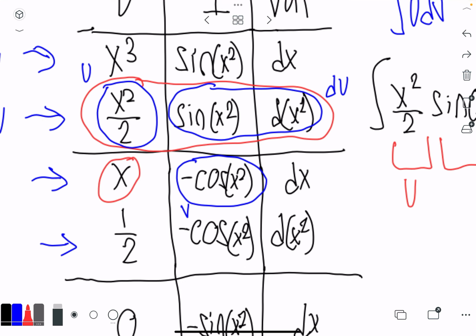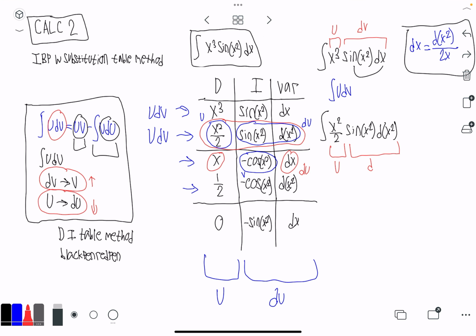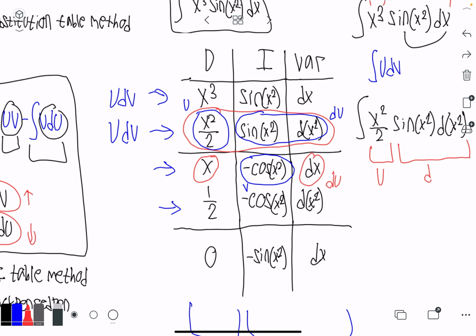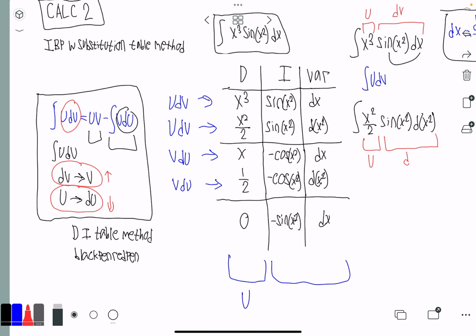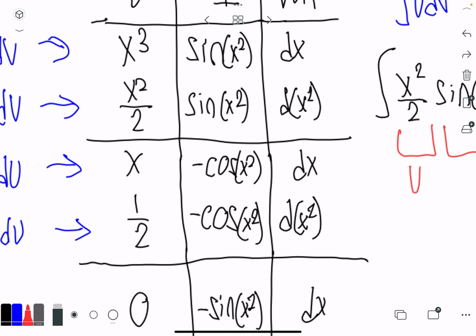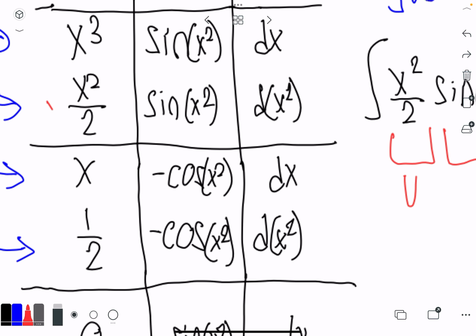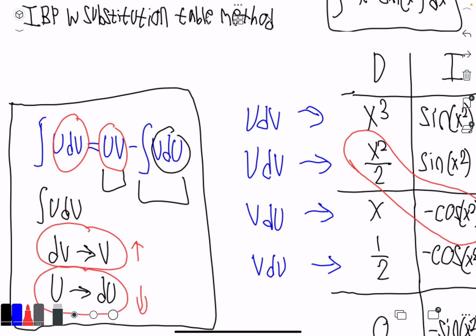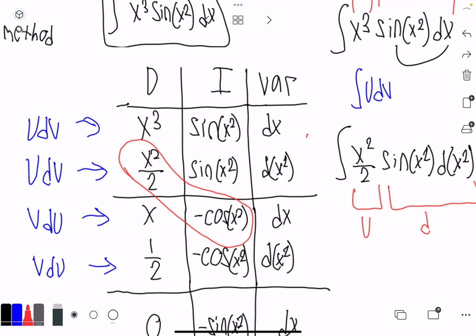These two things, x and dx, they are du. So what is uv? It's this, x squared and negative cosine x squared. So you take this part diagonally like this. That is the uv for this row.